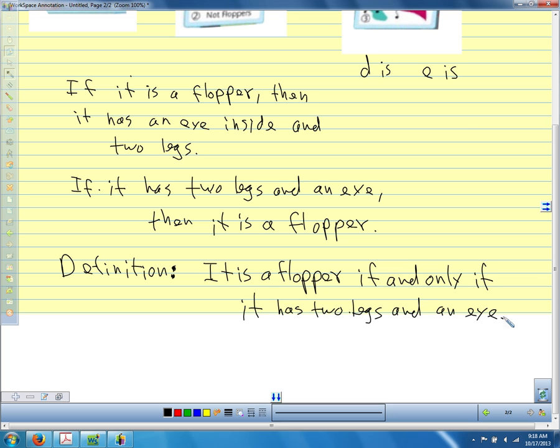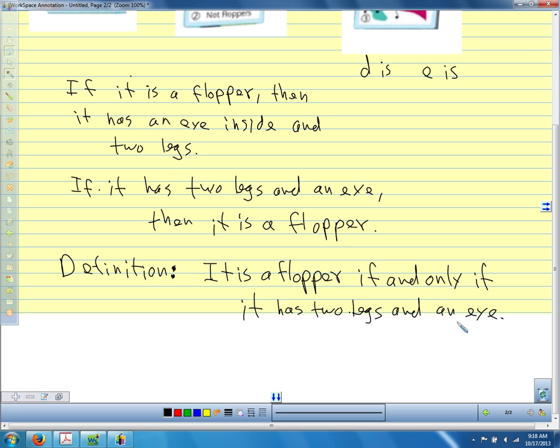We would make the biconditional statement. The conditional is true. The converse is true, so we combine it by putting an if and only if between the two parts. It is a flopper if and only if it has two legs and an eye. And I could write it the other way around also. If it has two legs and an eye, would that work? If and only if.